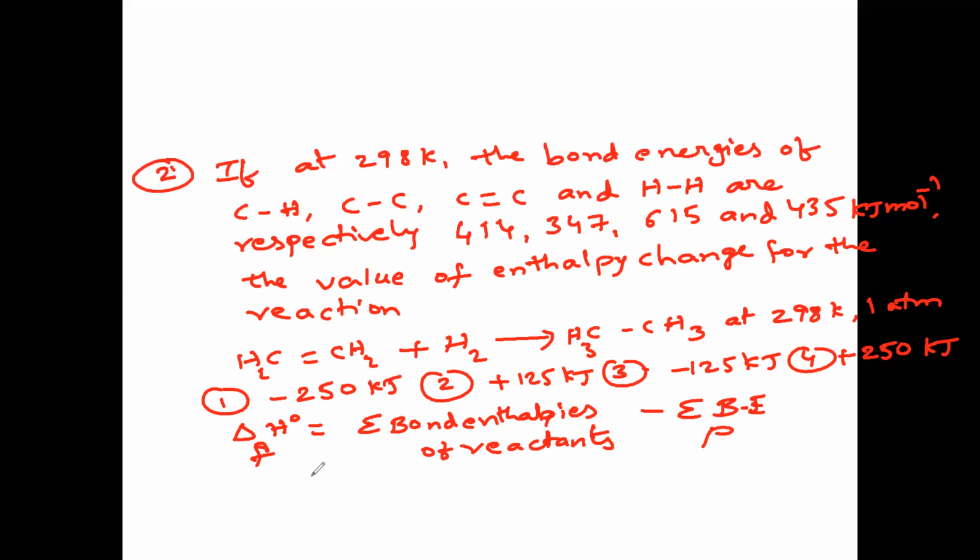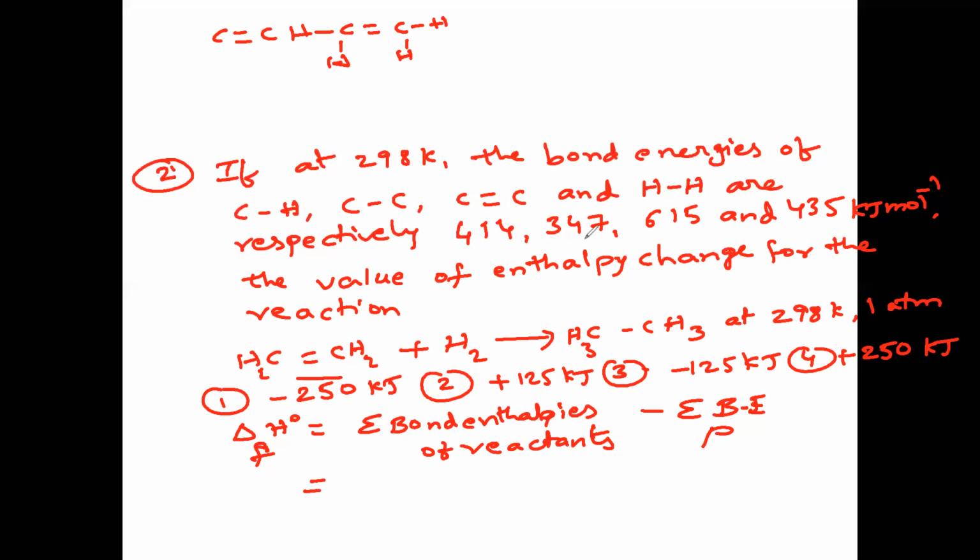So first, let us take sigma bond enthalpies of reactants. Let us take the ethene molecule first, CH2 double bond CH2. This is the reactant. So in ethene molecule, how many C double bond C? One C double bond C.